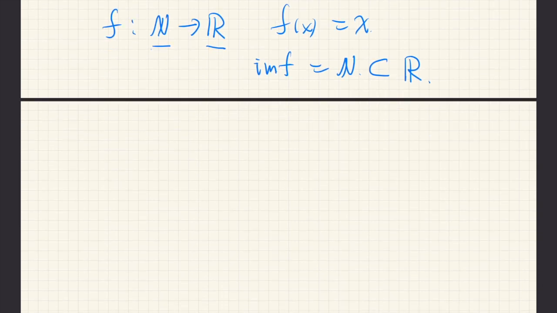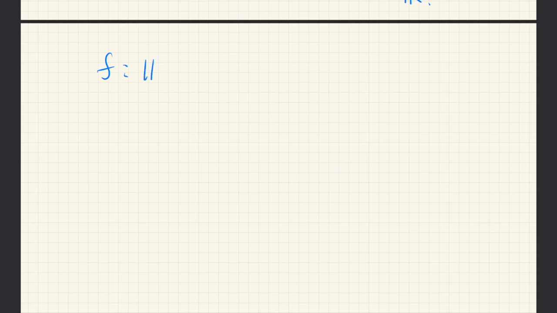Another simple example: let's define f from real numbers to real numbers by f(x) = x squared. In this case, what is the image of f? You should be able to plot this function on the plane.